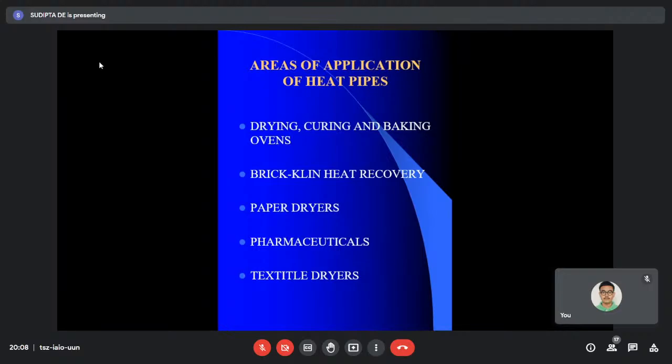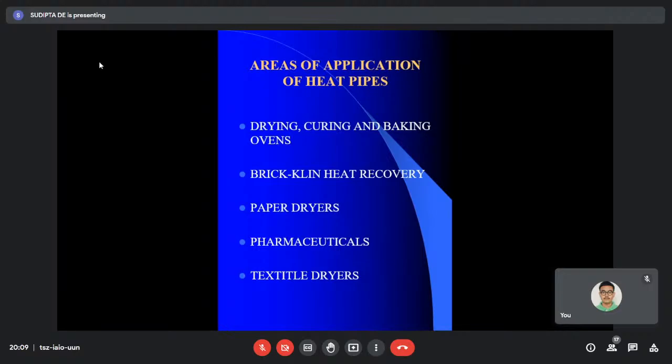So these two phase heat exchange means the working fluid changes its phase from vapor to liquid and then again liquid to vapor. And during this conversion, the heat transfer coefficient increases several times, even several thousand times, rather than the conventional single phase heat transfer. So obviously the overall heat transfer increases to a great extent just by introducing the mechanism in the heat pipe.